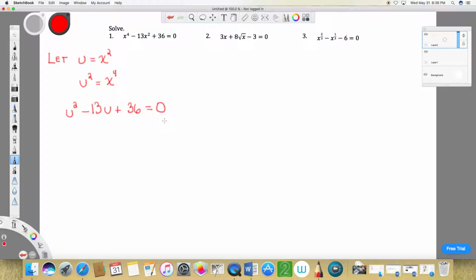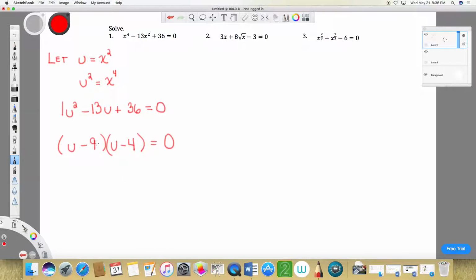I can solve this by factoring, but I could also solve it by the quadratic formula. Since my leading coefficient is a 1, it's hopefully easy for you to come up with two numbers that multiply together to give us 36, but add together to give us negative 13: negative 9 and negative 4 do the trick.